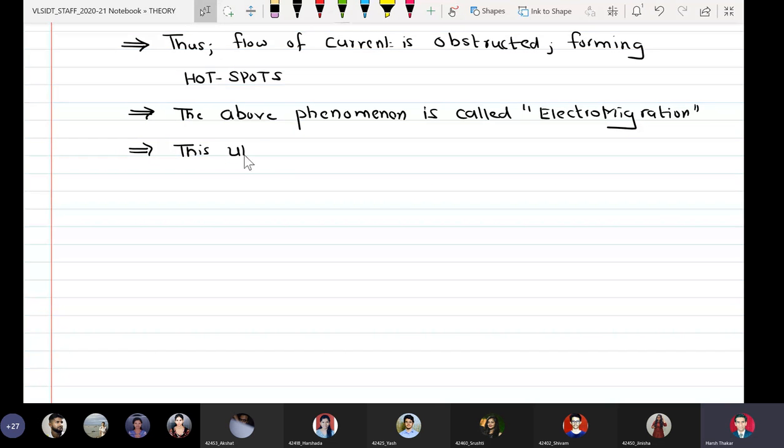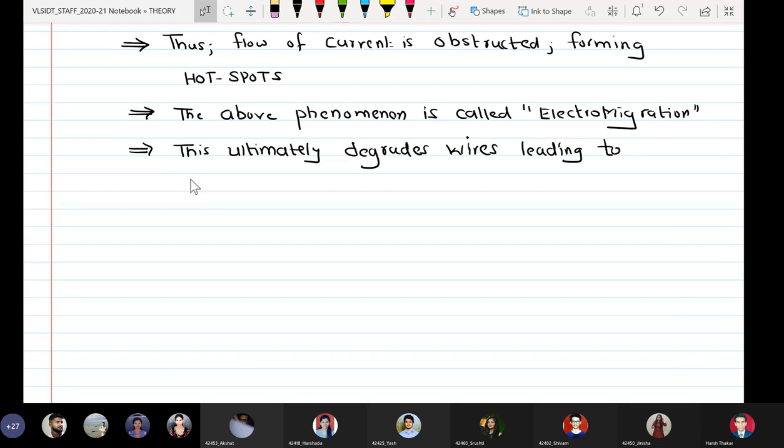This ultimately degrades wires, leading to failure.